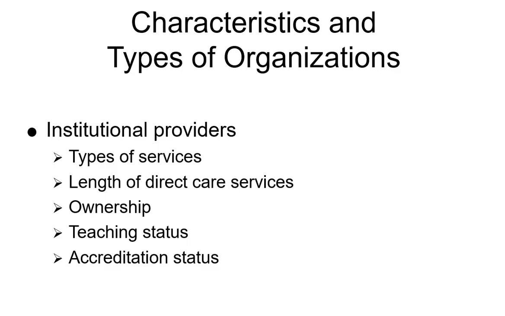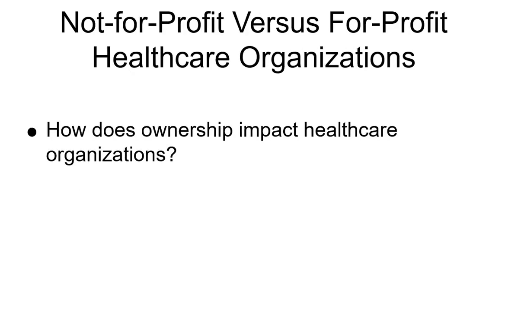And then your accreditation status. We know that all hospitals have to be accredited by some body. We just generally use the JCAHO accreditation. Not-for-profit versus for-profit. Ownership influences how organizations are structured and can impact efficiency and quality.